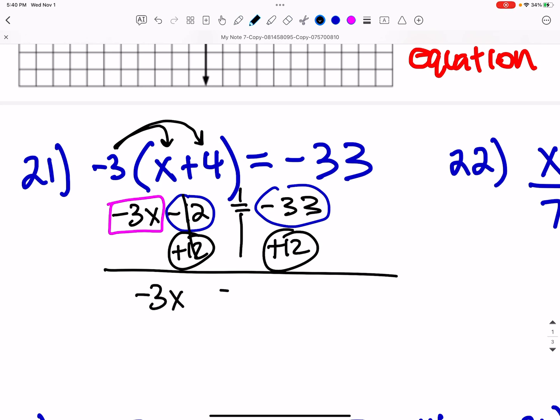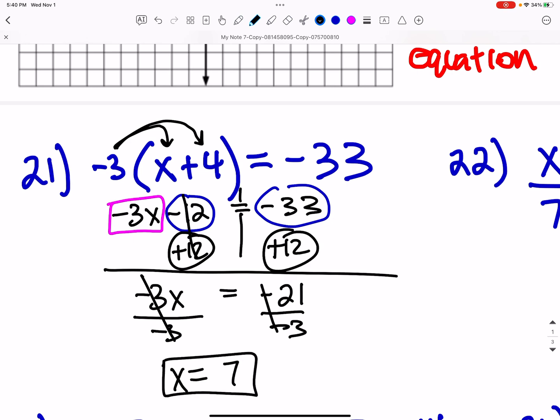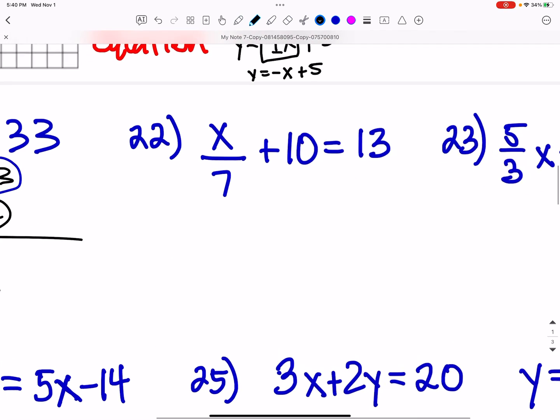Negative 3x equals negative 33 plus 12 equals negative 21. The negatives win by 21. We divide by negative 3 to kill the negative 3. And x equals, the negative kills the negative, 21 divided by 3 is 7. X equals 7.